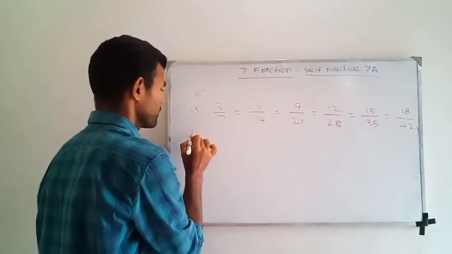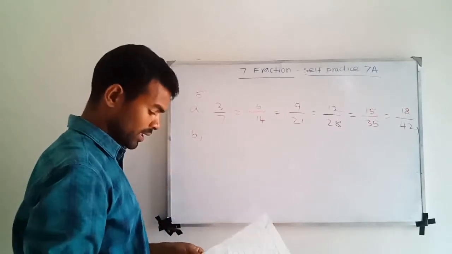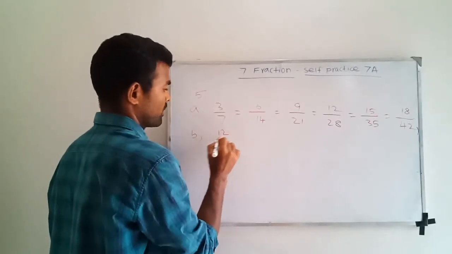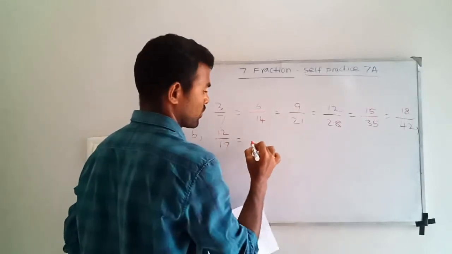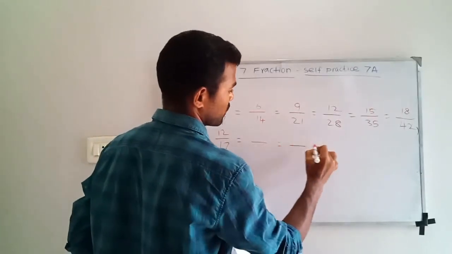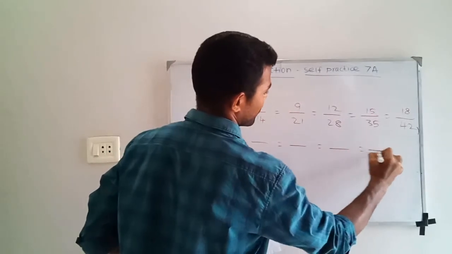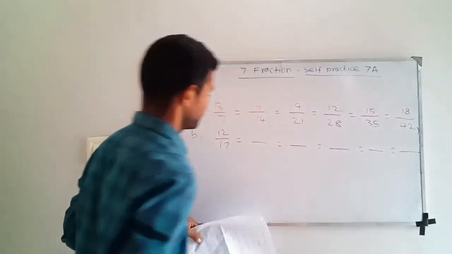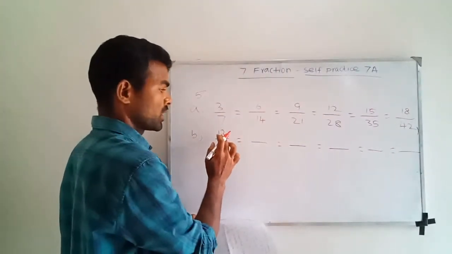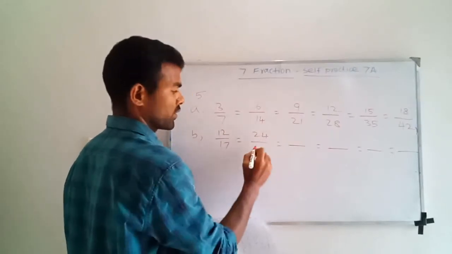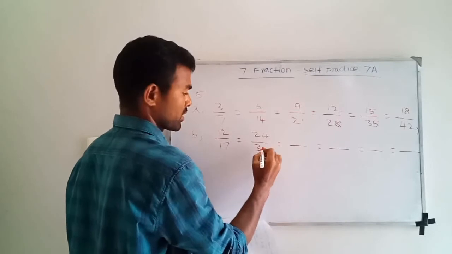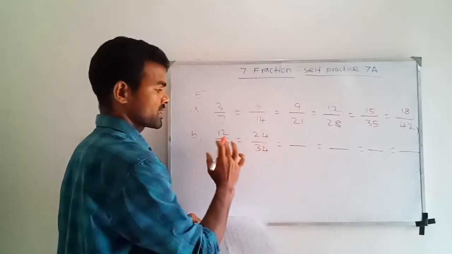And see B. B is 12 by 17. Like this, write 5 numbers: 1, 2, 3, 4, 5. 12 table. 12 times 2 is 24, 17 times 2 is 34. So just write the table.